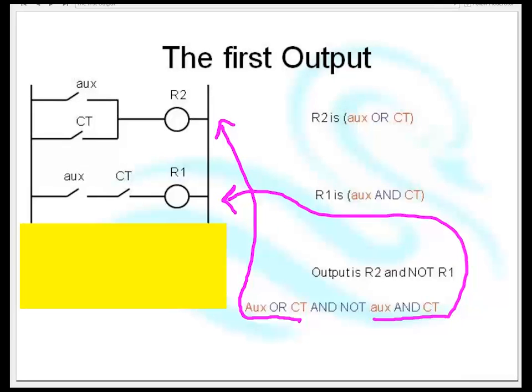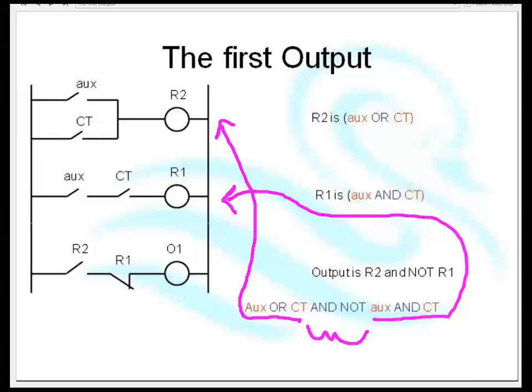Now what I'm going to do is this center bit. I've got another AND involved there, and I do it this way. That center bit creates that. Because relay 2, R2, is the auxiliary or the CT.